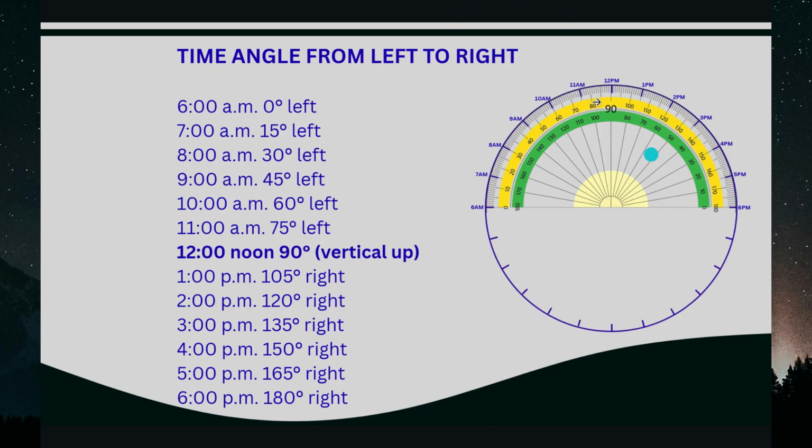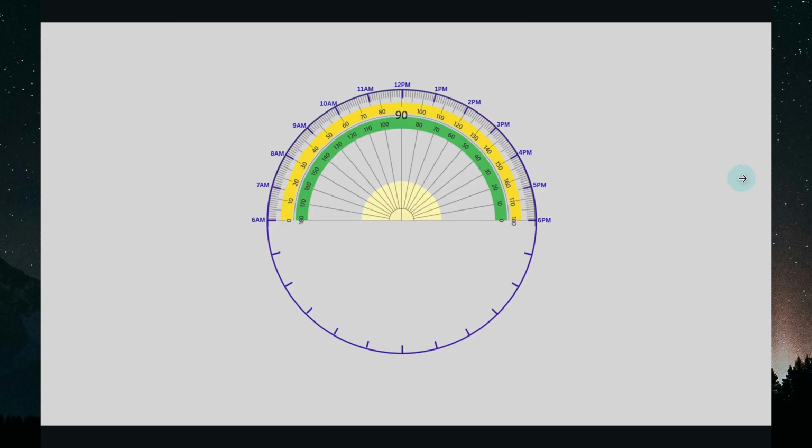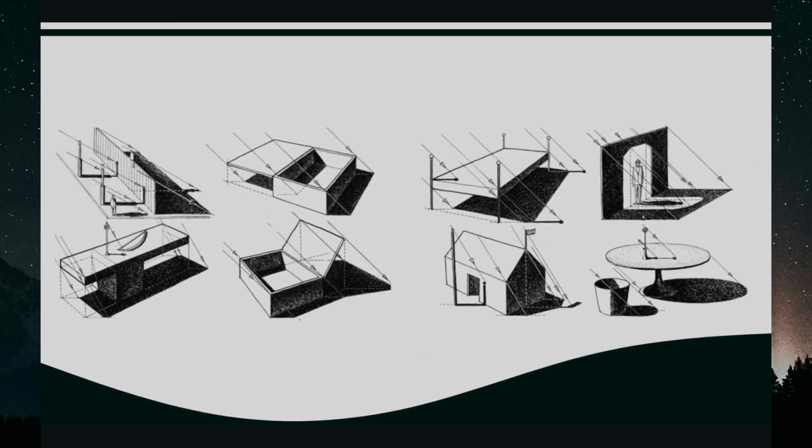Here is the diagram in the right hand side, and these are the angles that you will select to make the shadow with the universal source of light, right? So these are some visual examples with the universal source of light, how to create the shade and the shadow with the proper shade line.